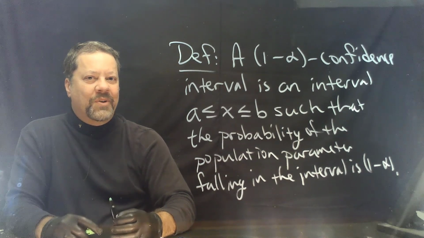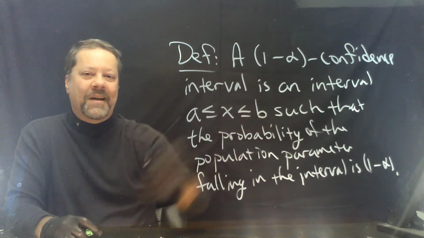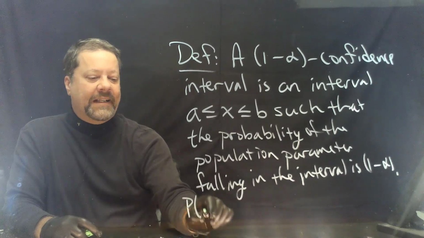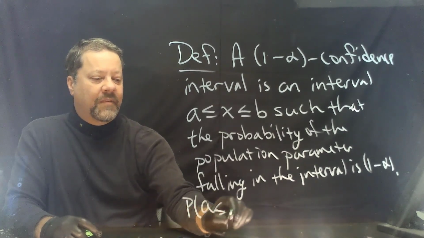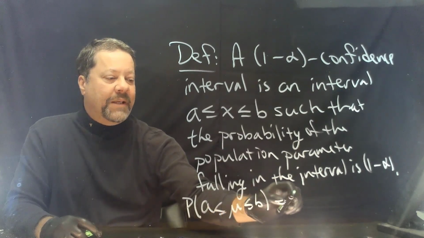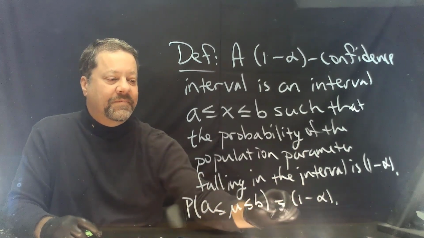We'll explain why we're doing this confusing 1 minus alpha thing here in a minute. So the probability that the parameter falls between A and B will be 1 minus alpha.